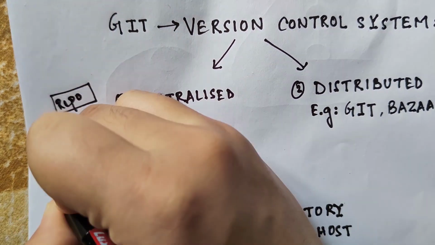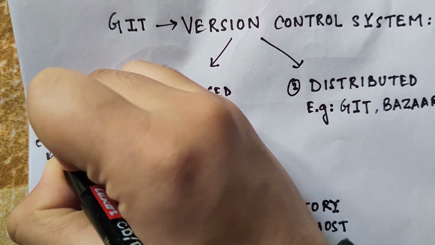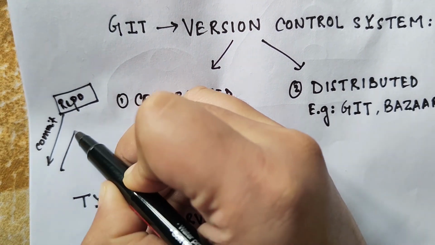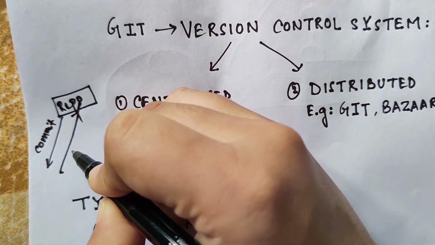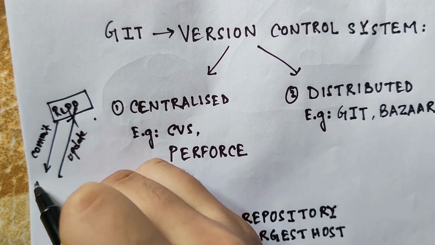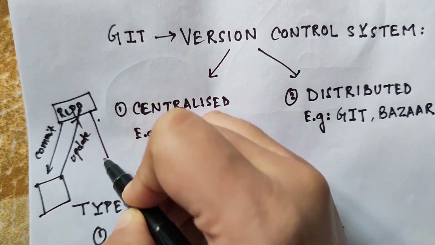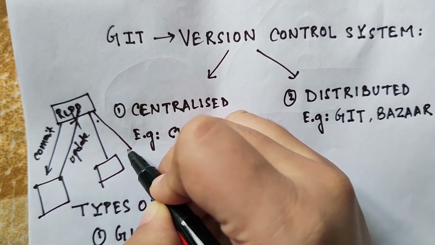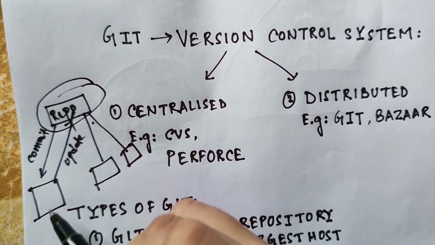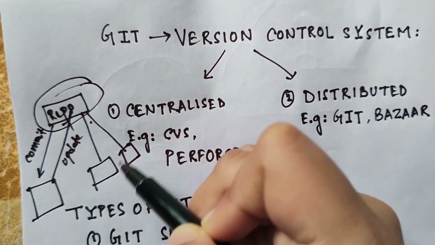From the repository we can commit or we can update to the repository, and we are having our developers here working. So it has a central server from where we can commit or update our files.